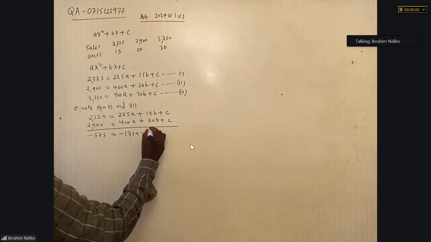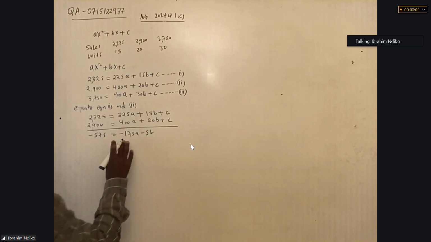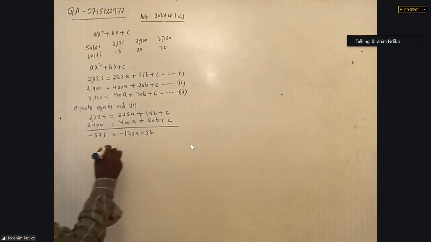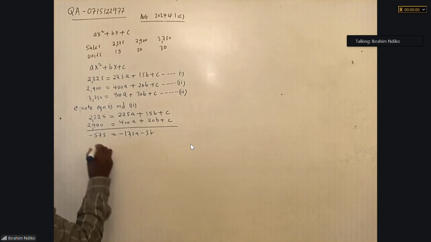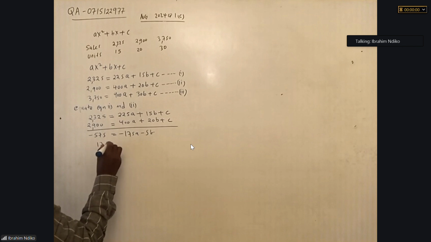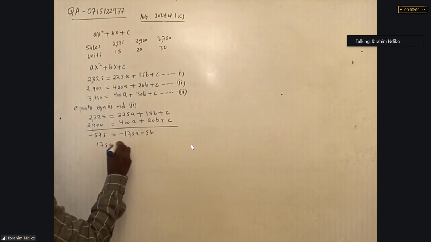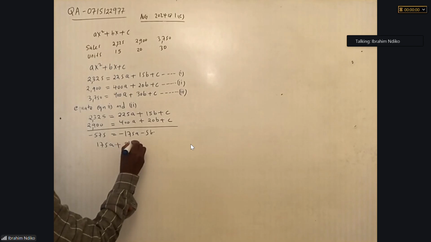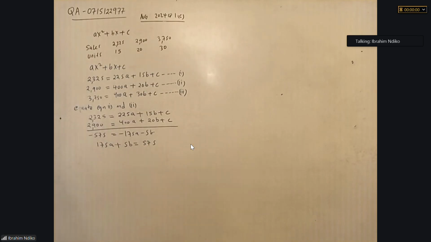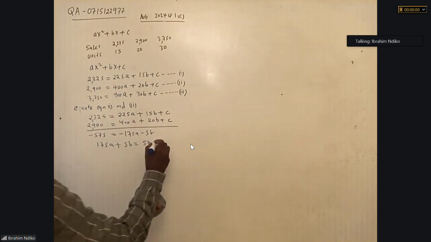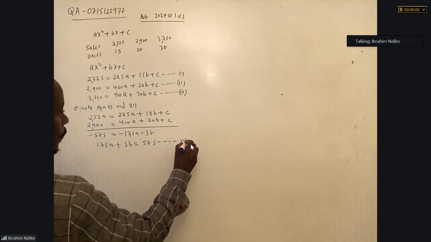Now this equation will be the fourth equation. So you multiply by the negative sign, and it will be 175A plus 5B equals 575. So we have equation number 4.